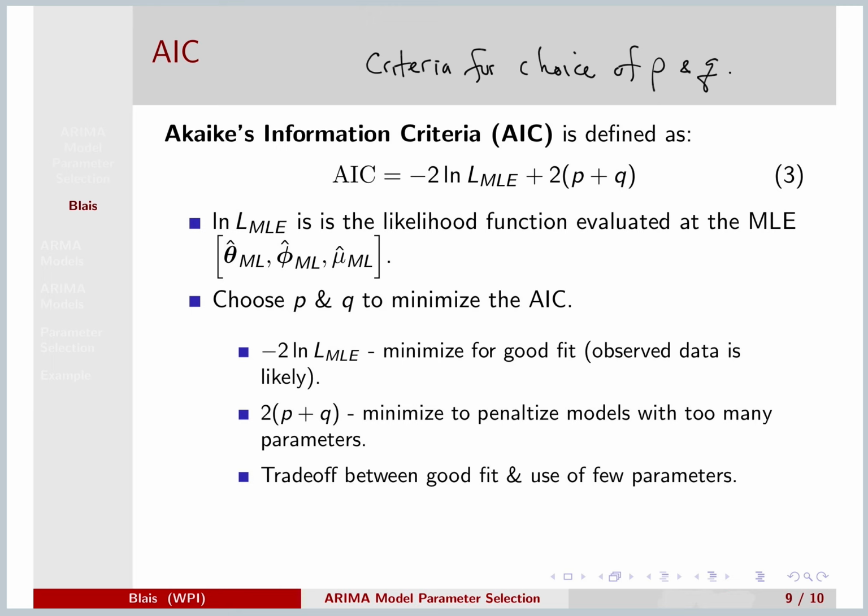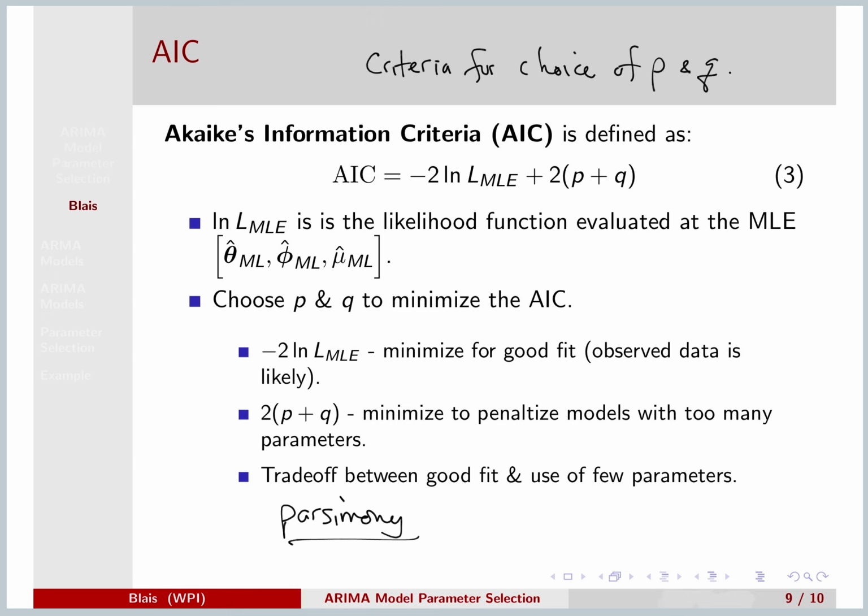And one word that's often used for this is the idea of parsimony. So we don't want to have an overfit, right? We want to have enough of a fit that our model is actually capturing what happened. But we don't want to use a ton of parameters because we don't want to have a model that's overfitting the data.